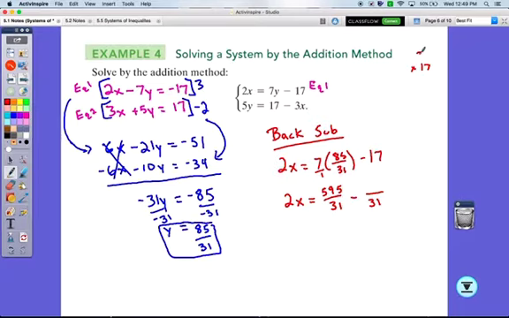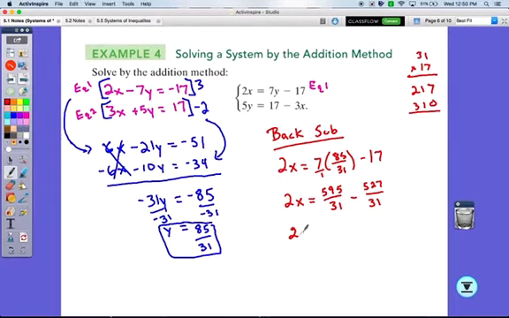Try not to break my calculator out for it until the very end. So 217, 0, 1, 3. So that becomes 527 over 31. Just double checking here, guys. 31, 217. Yeah.